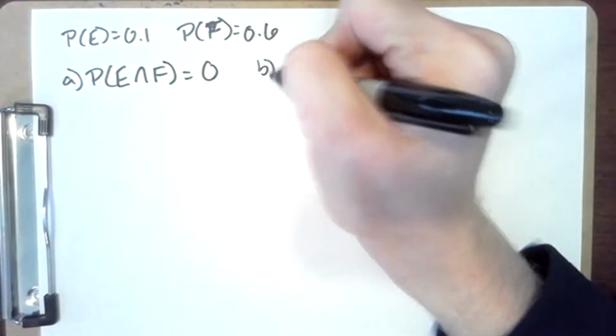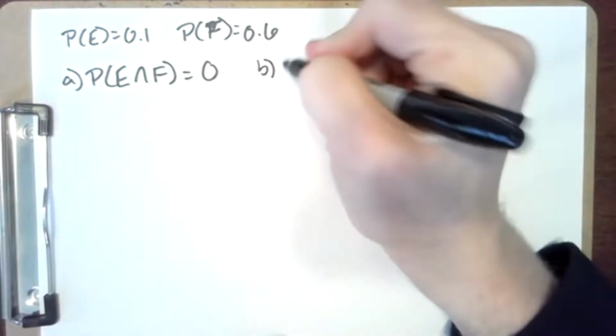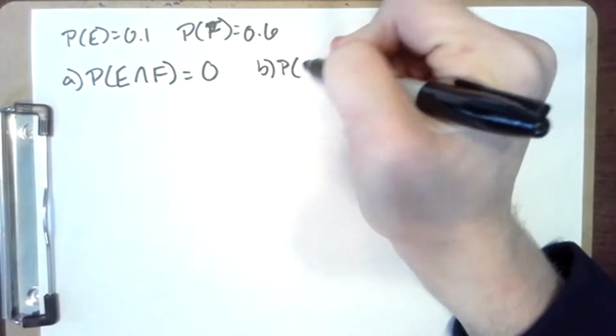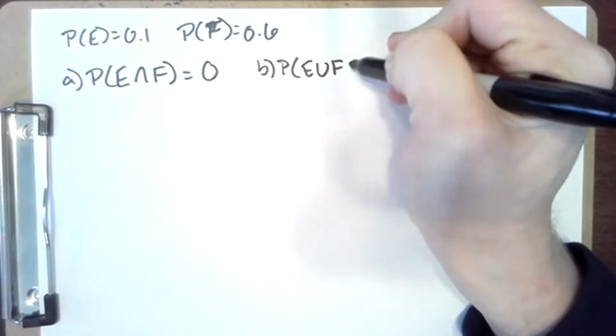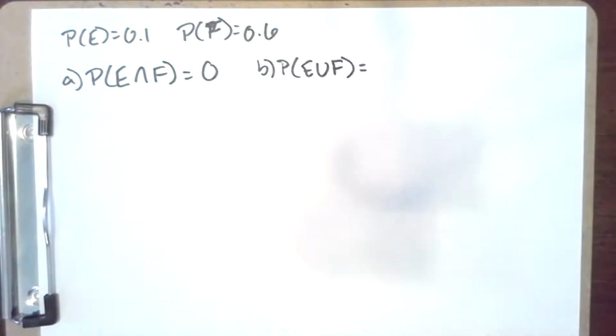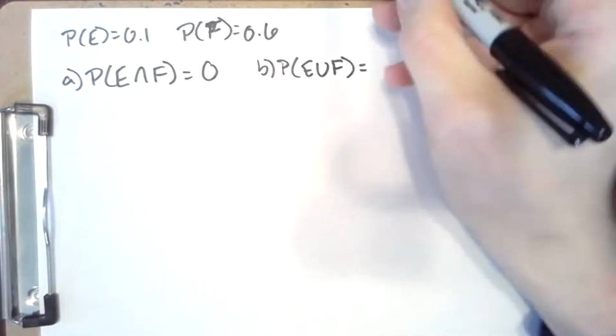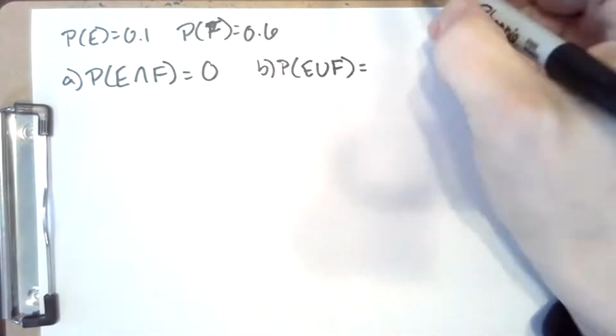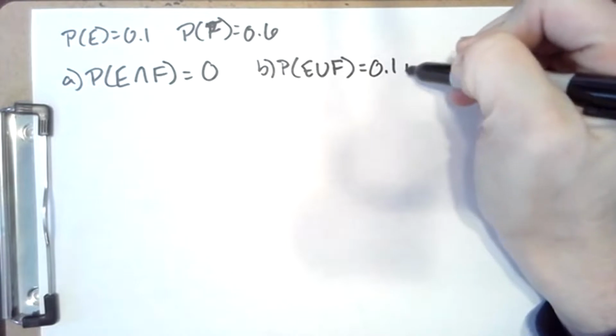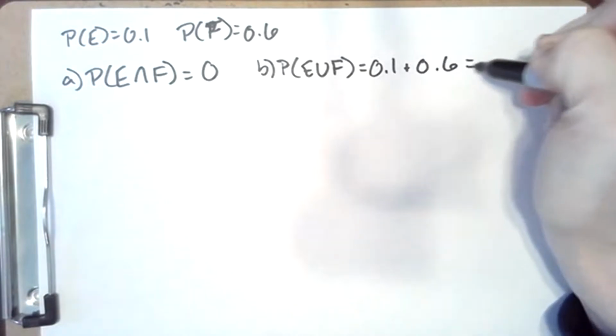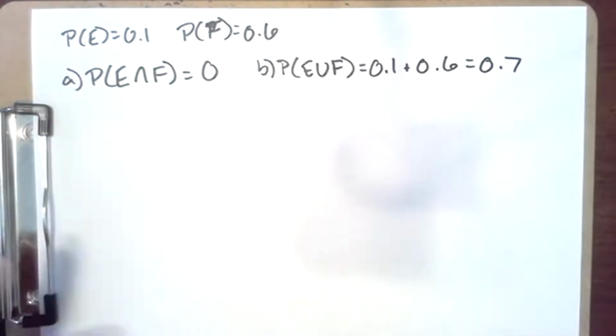Now, for B, we're asked the probability of E or F. And this probability is just going to be the sum of these two probabilities because they are mutually exclusive. So that's 0.1 plus 0.6 is 0.7.